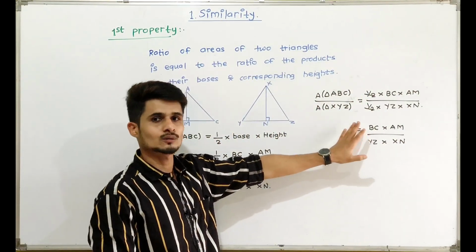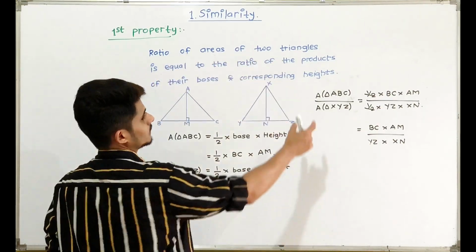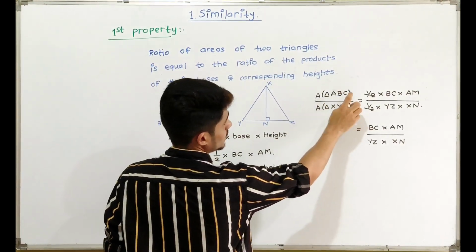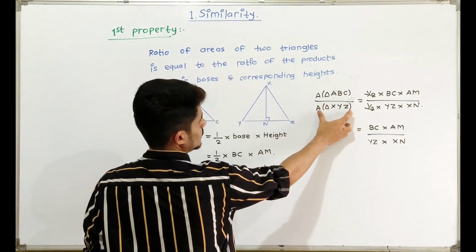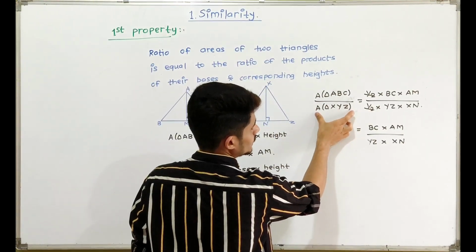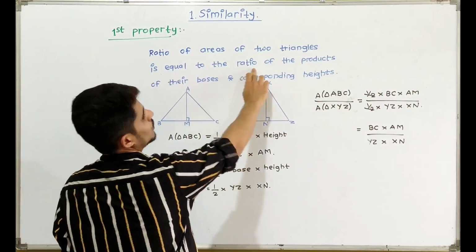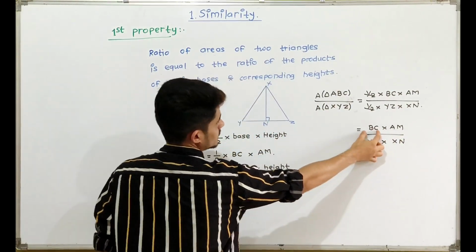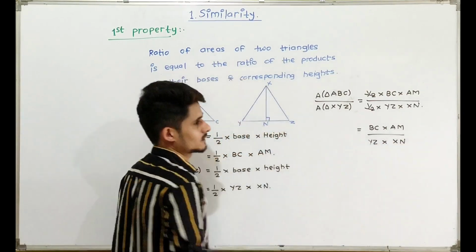So now we'll go through a property and understand it clearly, that is the ratio of areas of two triangles. The ratio of area of triangle ABC upon area of triangle XYZ is equal to the ratio of product of their bases and corresponding heights.